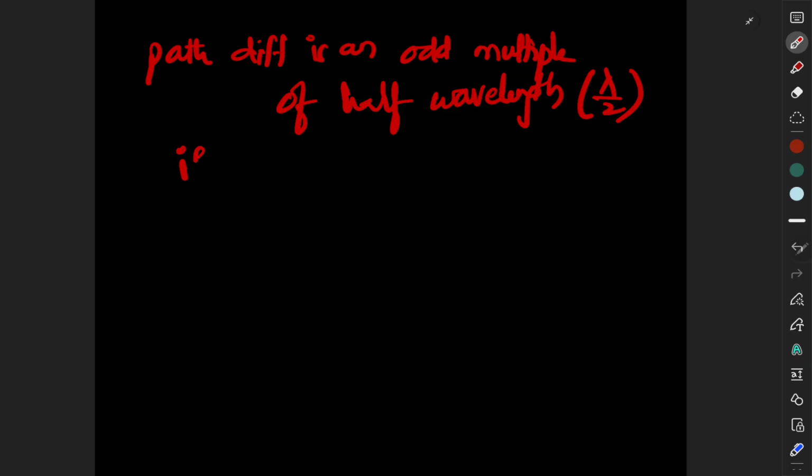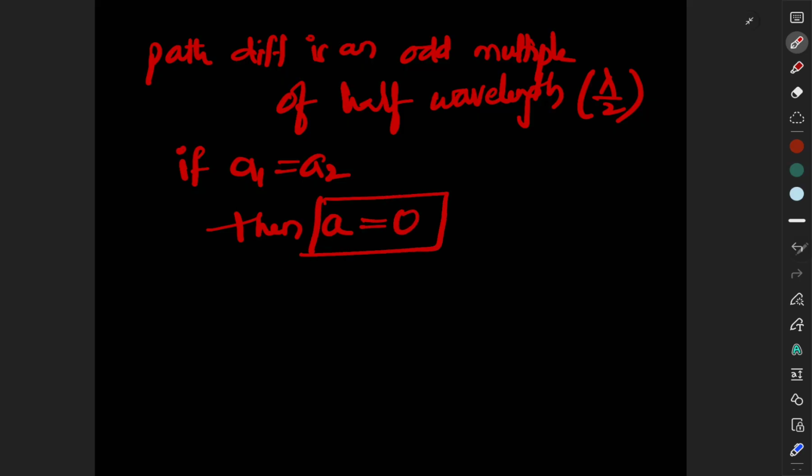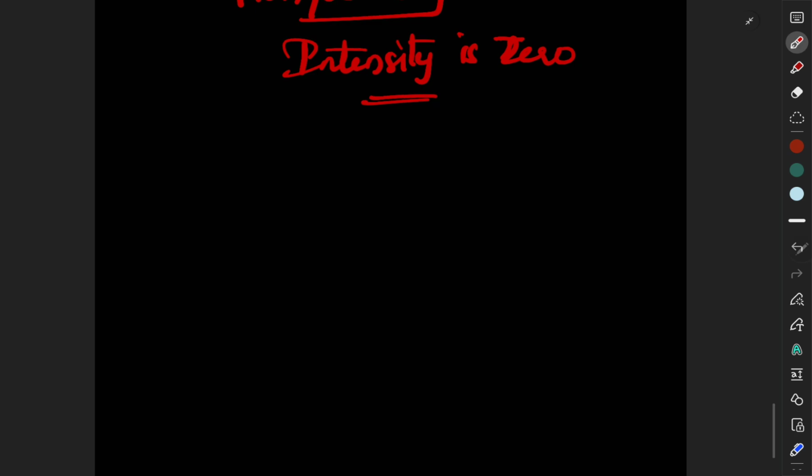So if a1 is equal to a2, then the resultant amplitude a1 minus a2 gives a is equal to 0. Intensity is 0 or very minimum.